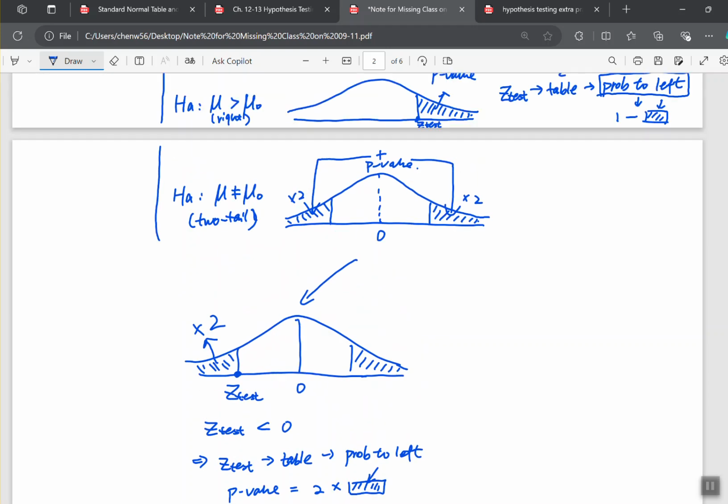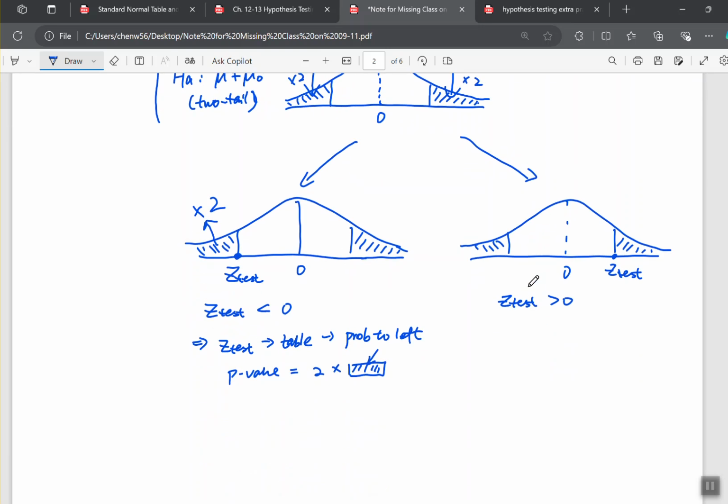And then the other case is your z-test statistic is a positive value, which is located here. All right, so what you need to do is find this tail first and then double it, right? You still use your z-test statistic, go to the table, and from the table you can directly find the probability to the left again.